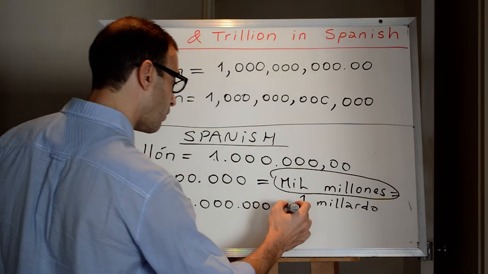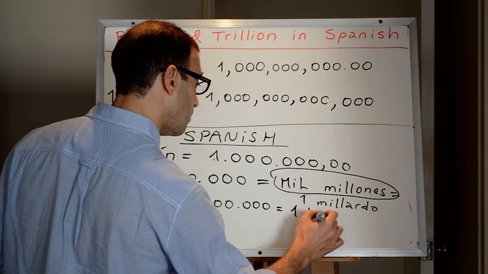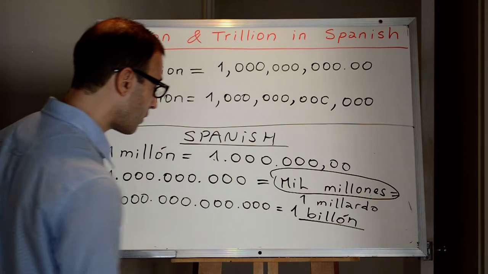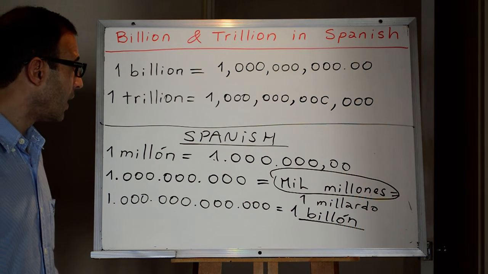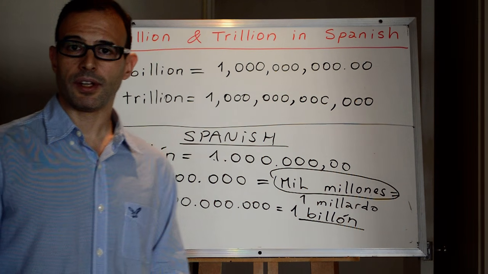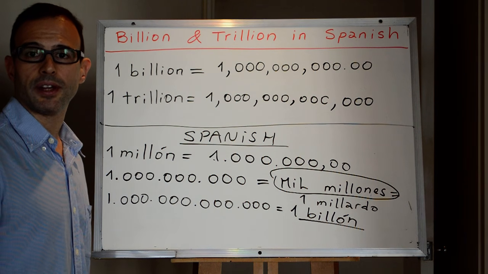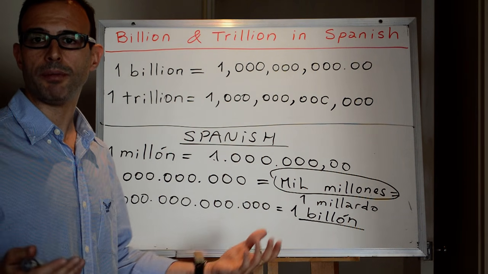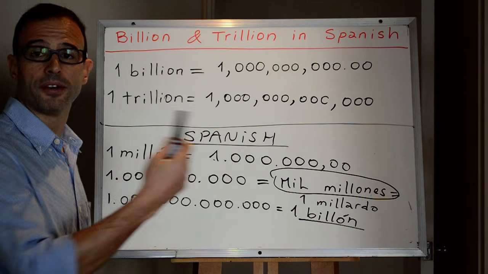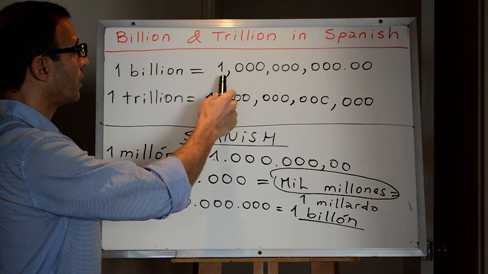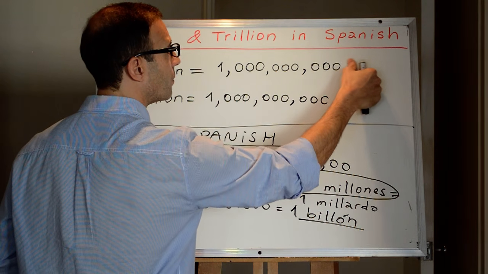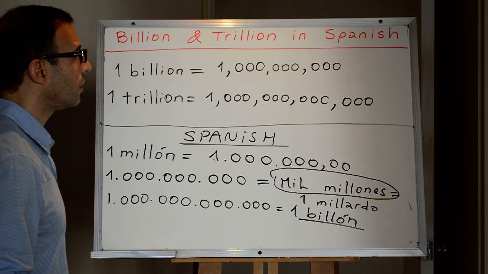In Spanish, however, this would be un billón. Un billón. So look at the confusion. If a journalist is translating financial data of GDP growth or whatever, right? And he reads in English, or he hears in English, $1 billion, okay?